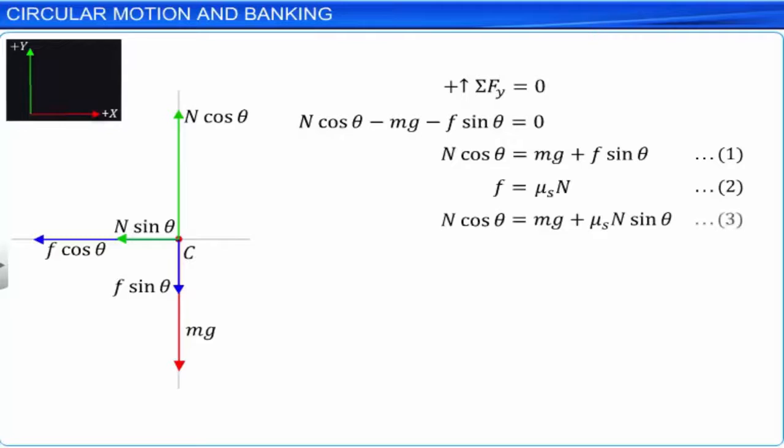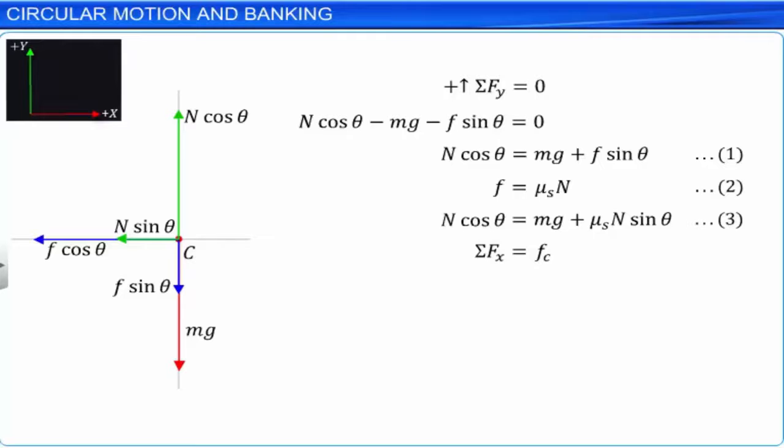The car experiences acceleration acting towards the center of curvature. This is the centripetal acceleration, and the force required for this acceleration is the centripetal force Fc. Centripetal force Fc is equal to the net force acting along x direction.